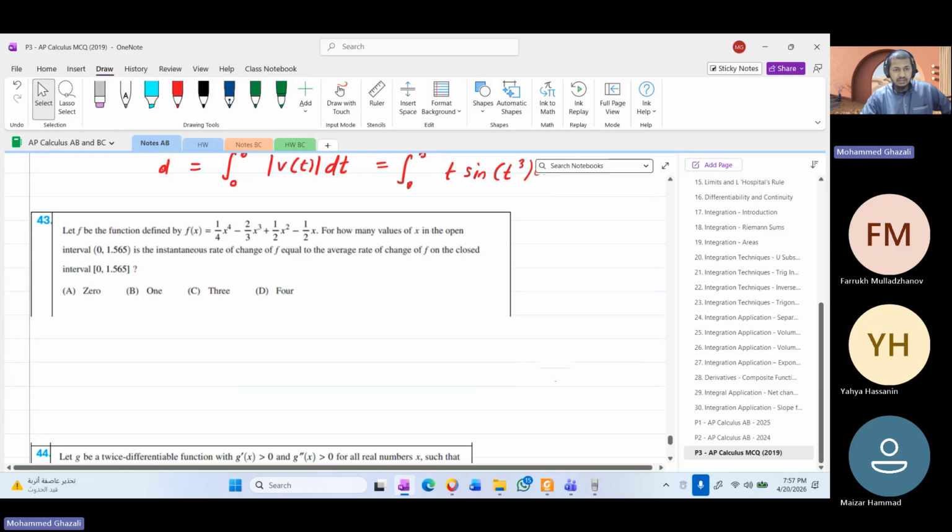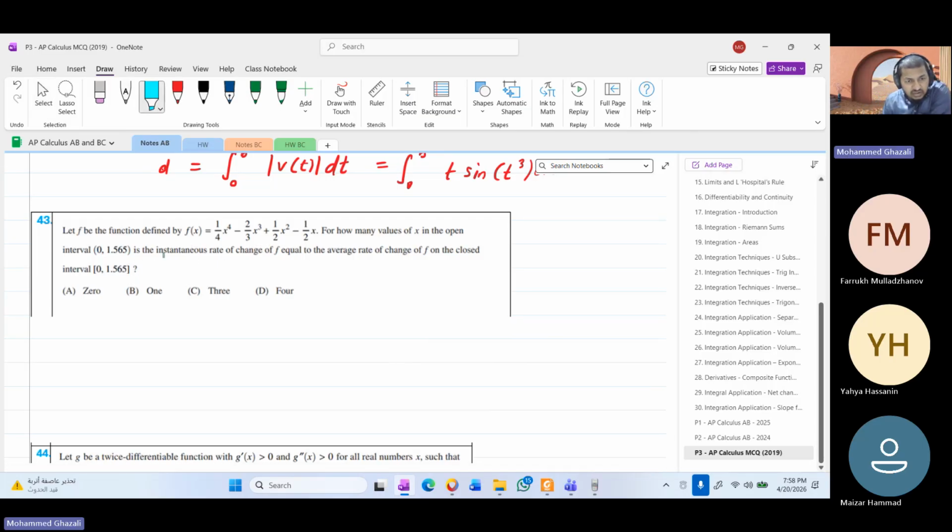Let f be the function defined by this. For how many values of x in the open interval 0 to 1.565 is the instantaneous rate of change equal to the average rate of change? What is instantaneous rate of change? F prime of x at that instant.